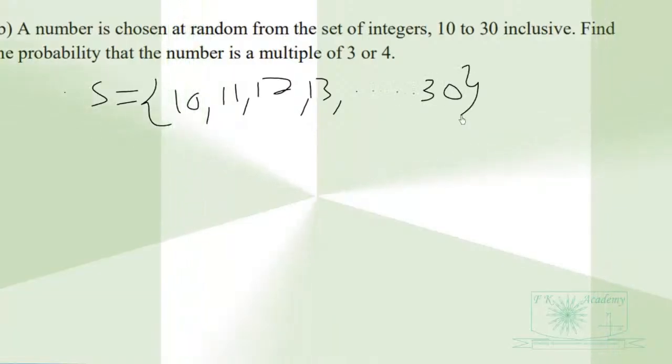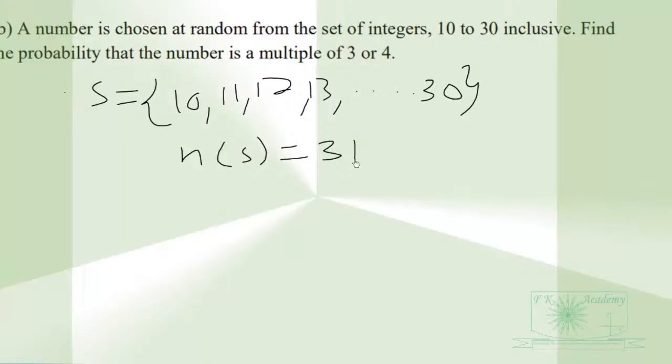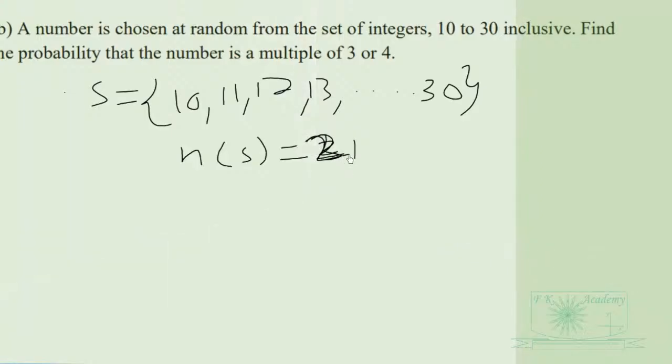So that's the sample space. Now the number of elements in this sample space will be 31, not 30. If it is from 11 to 30, that will give us 30. But from 10 to 30, we have 21 elements there.